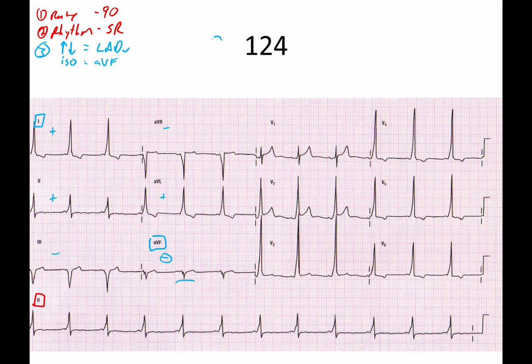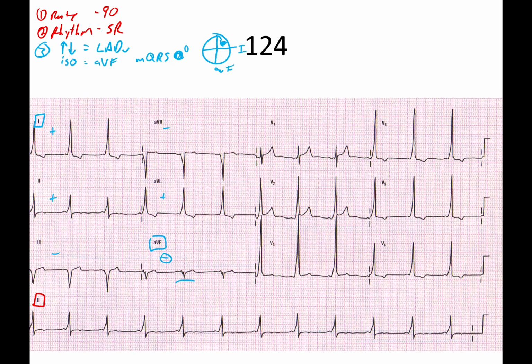So if we make our fun little dial and we say that our AVF is our isoelectric, which one's perpendicular to it? That's going to be your lead 1. And since we're looking for a left axis deviation, that fits in this quadrant here. So we're going to go with a mean QRS of 0 degrees.